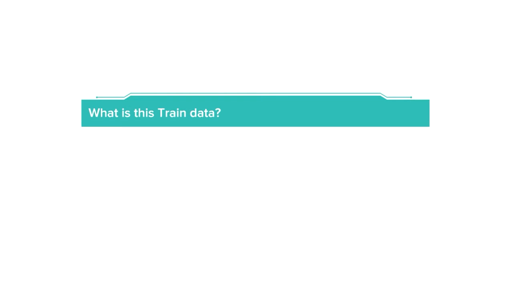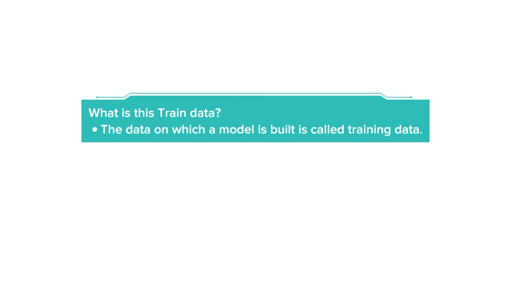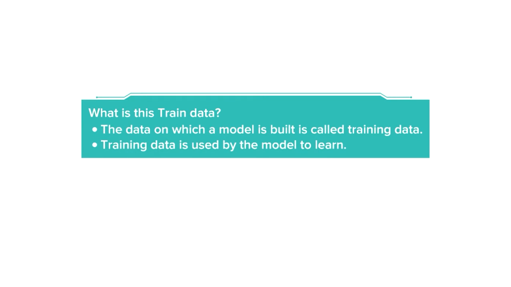Now, what is train dataset? When we build a model, we use some data on which we build the model, and such data is called training data. This is the data which is used by the model to learn. In this case, the output is known and the model learns to predict from these data points.